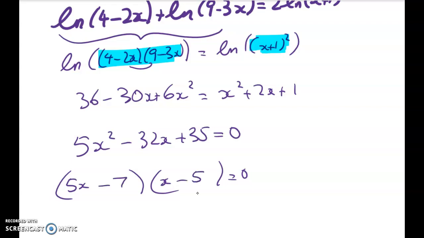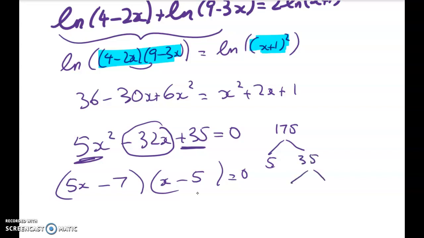If you didn't have that come to you easily, you could use grouping and you could do a factor tree. So we need the numbers to multiply to give 175 and to add to negative 32. So we get 5 here and 35. You can see that the 5 and the 5 will give me 25, and there's the 7. So that's going to be my breakdown.